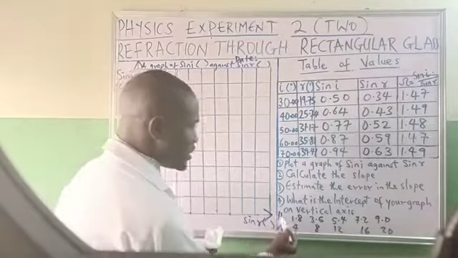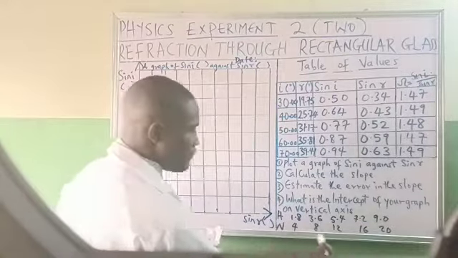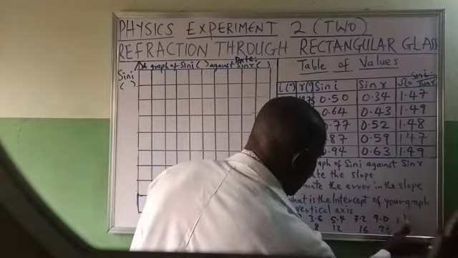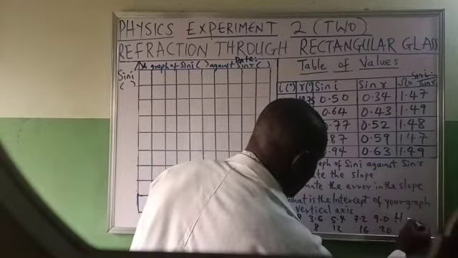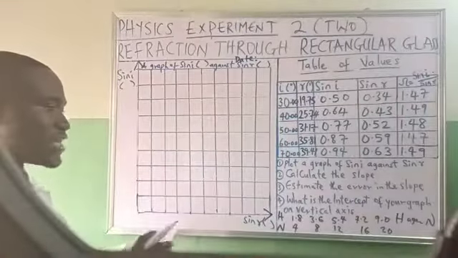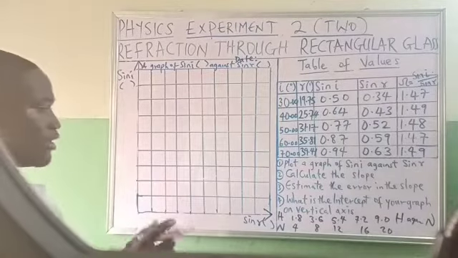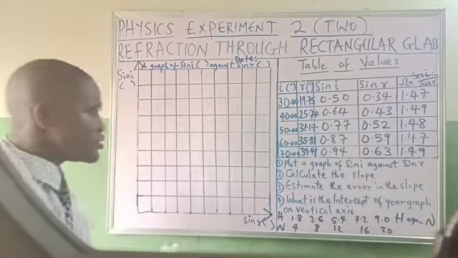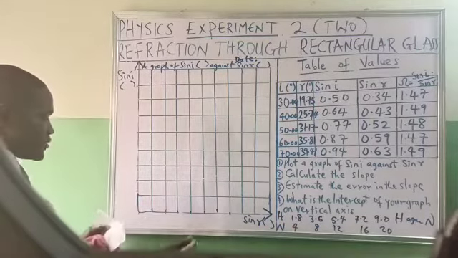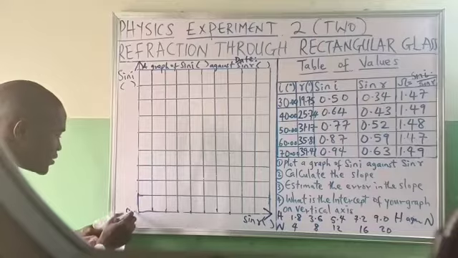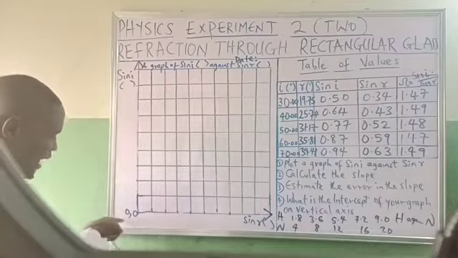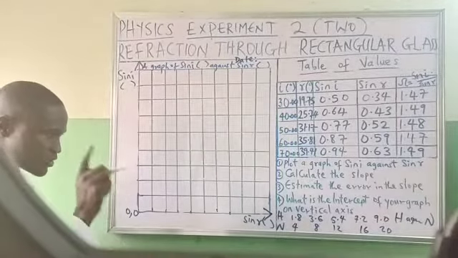Assuming that this is the reading for H and this is the reading for N, and they say H against N. Plot the graph of H against N, starting both sides from the origin. If they say starting both sides from the origin, you know the lowest is 1.8. If I put 0, 0 here, that means starting both sides from the origin in a visible way. That is by writing it for them to see it.